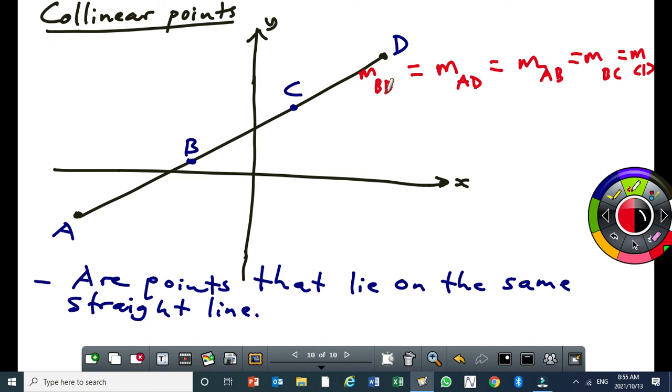So if you're given the coordinates of A, C, and D, you can choose A and D. You get the same gradient if you choose the coordinates of C and D. So if points are on the same straight line, we say they are collinear, which means that if you calculate their gradients after choosing any pair of points, you get the same gradient. Okay? So I think I'll stop there.